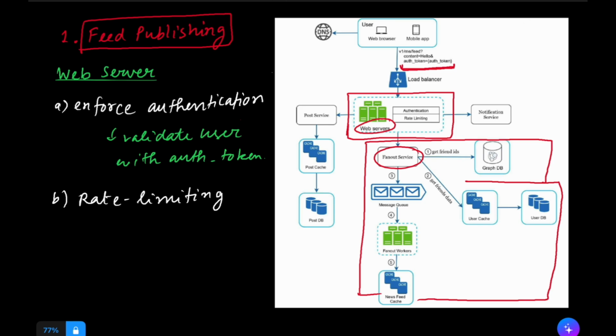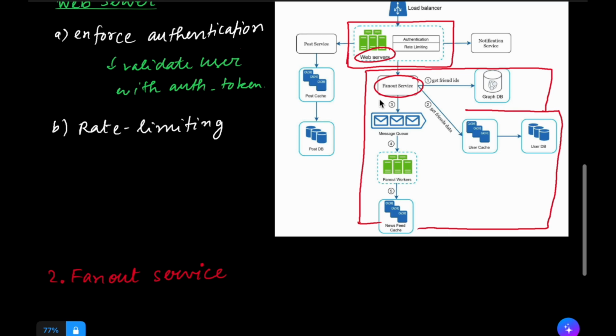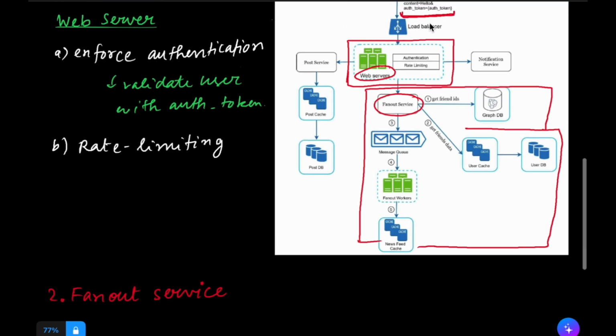Now let's look at what the Fanout service does. The second important component is the Fanout service. Its main task is to deliver the post made by the user to all of the user's friends. Once the post is saved into the database, we feed the newsfeed of all the user's friends or followers with the latest post made by the user.